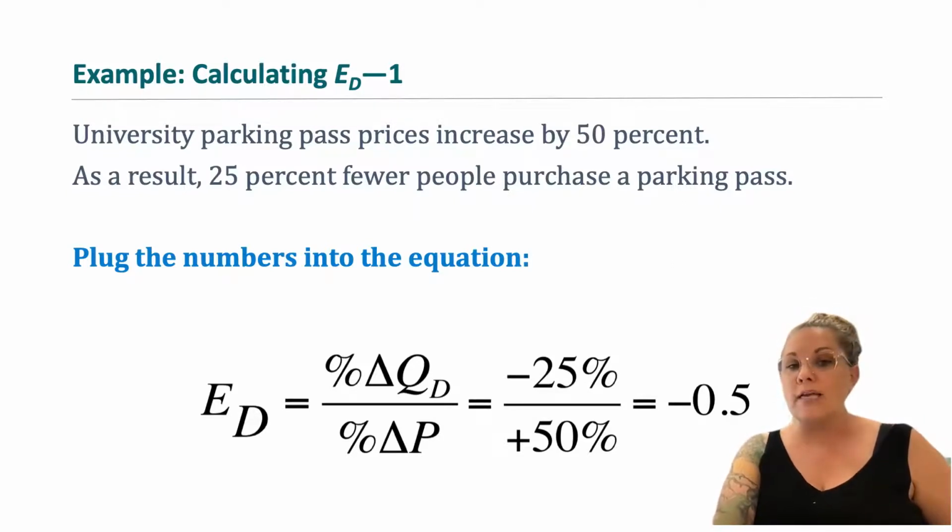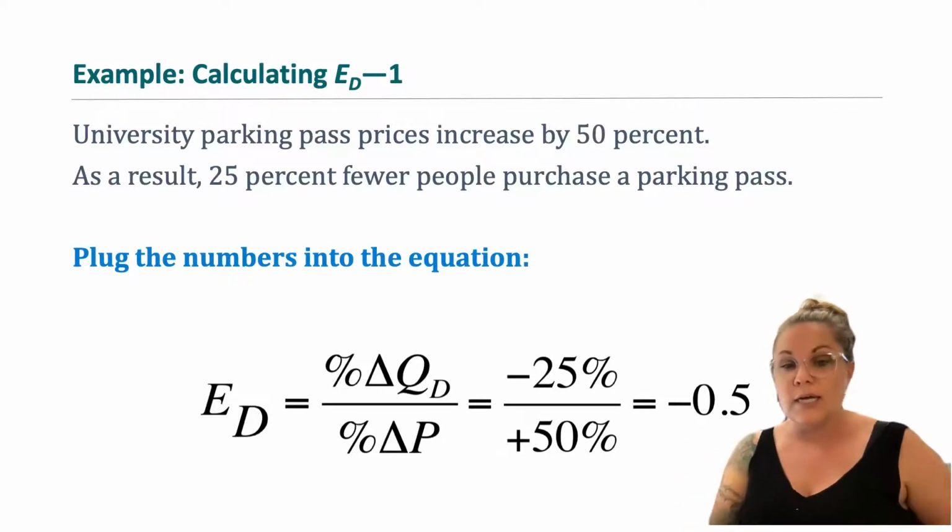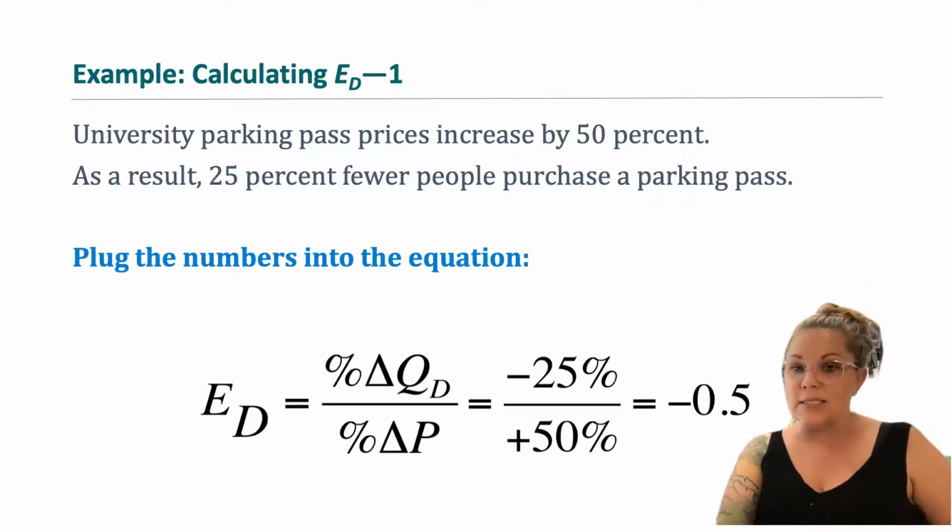And this overall, a negative divided by a positive, is going to be a negative effect. This tells us that in general, the response is going to be half the size of the initial change, and that it's in the negative direction. So when prices increase by a certain amount, demand will decrease by half that amount.